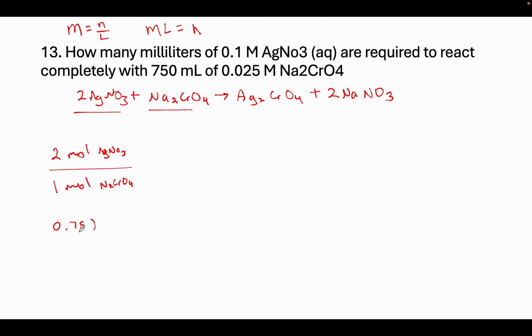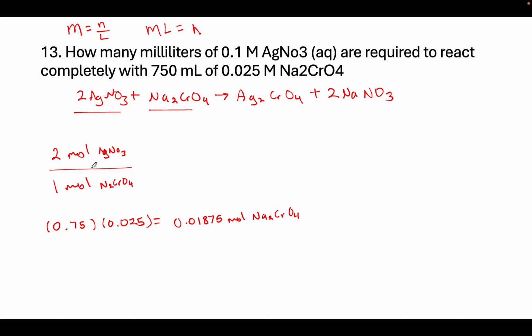So we're going to do 0.75 times 0.025, and we're going to get the moles of Na2CrO4. That gives us, in the calculator, 0.01875 mole of Na2CrO4. Beautiful. Now we need to go to the moles of AgNO3, which is where this ratio comes in.